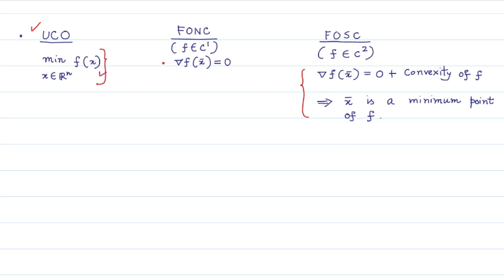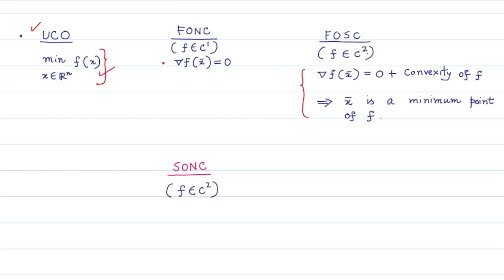And for the same unconstrained problem, for the second order necessary optimality condition, assume the objective function f is twice continuously differentiable, because we are aiming for the second order necessary optimality condition. Here for the first order necessary and sufficient optimality conditions, we have assumed that the function f is just once continuously differentiable, f belonging to C1.